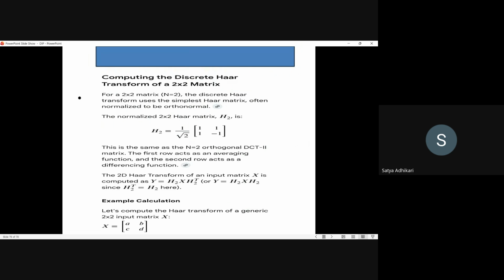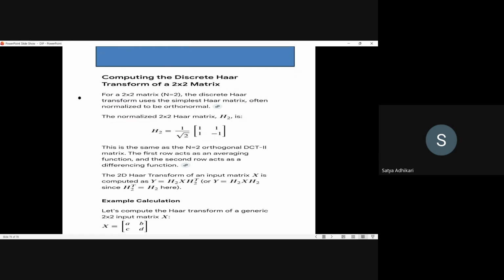Here also, the discrete Hart transform uses the simplest Hart matrix, often normalized to be orthonormal. The normalized 2 cross 2 matrix H2 is equal to 1 by root 2 times [1 1; 1 -1]. This is the same as the n equal to 2 orthogonal DCT2 matrix. The first row acts as an averaging function and the second row acts as a differentiating function.